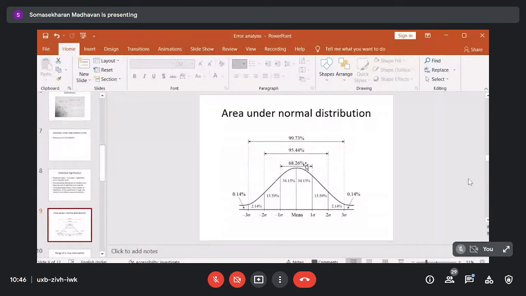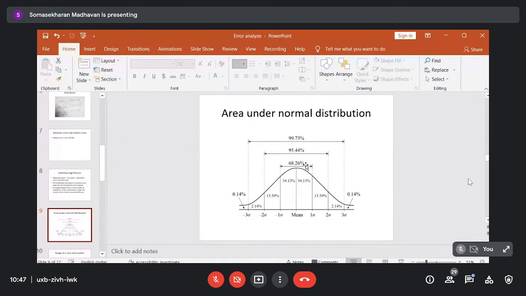So that means if you take an observation at random from a normal distribution, the chance of it falling between mu minus 3 sigma and mu plus 3 sigma is 0.9973. The chance of it coming below mu minus 3 sigma is 0.0014, and the chance of it going beyond mu plus 3 sigma is 0.0014.